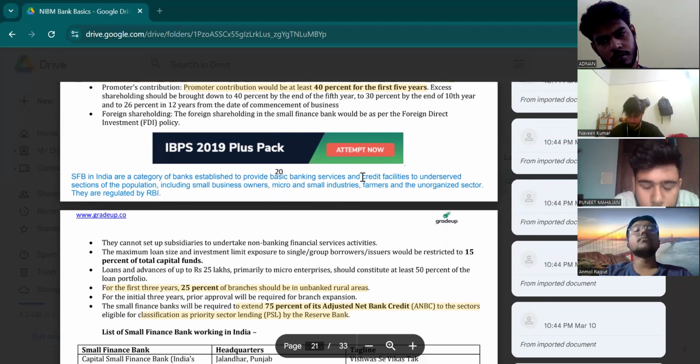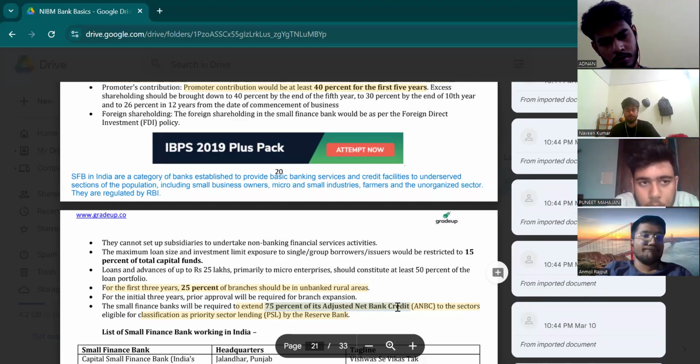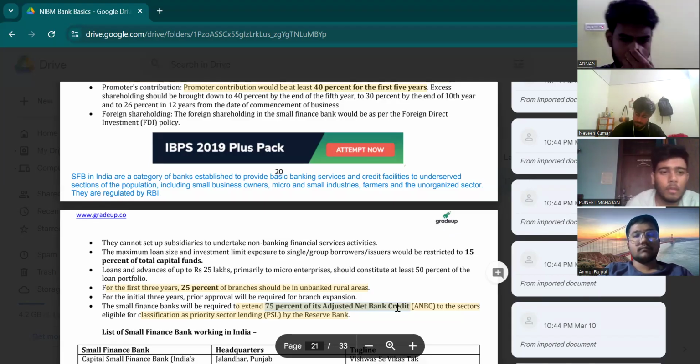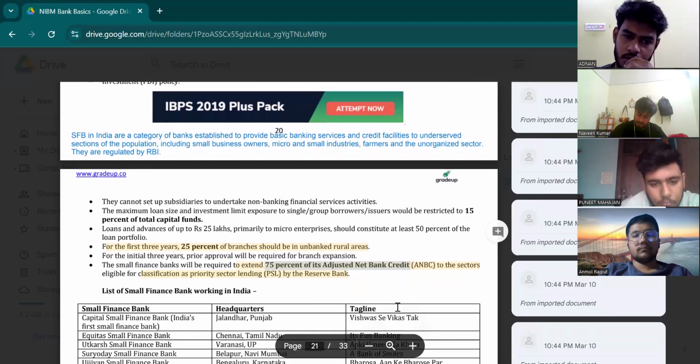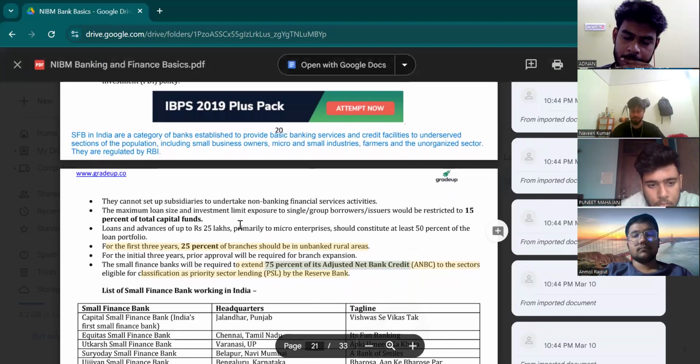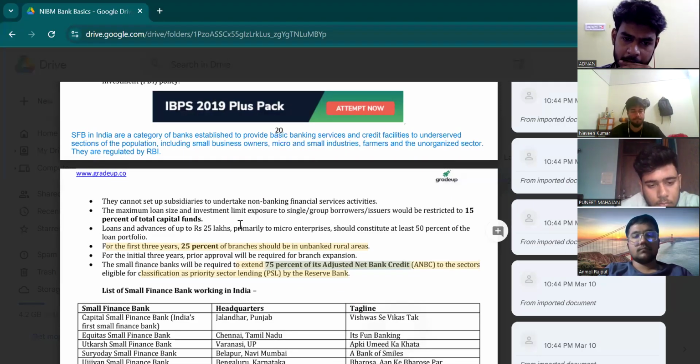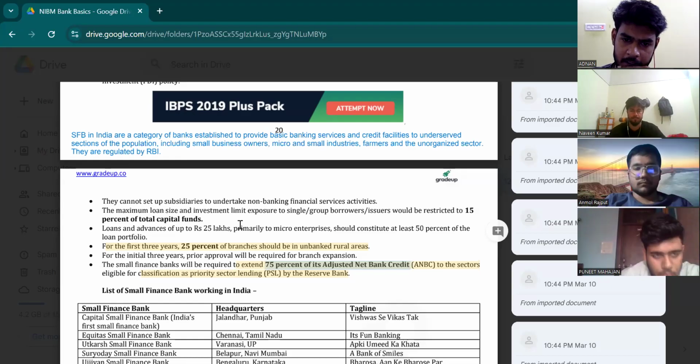But in a small finance bank, 75% of adjusted net bank credit will belong to priority sector lending. That's why it is a small finance bank for enhancing financial inclusion. This is also a criterion for the first 3 years: 25% of branches should be in unbanked rural areas. So see how it is doing financial inclusion.